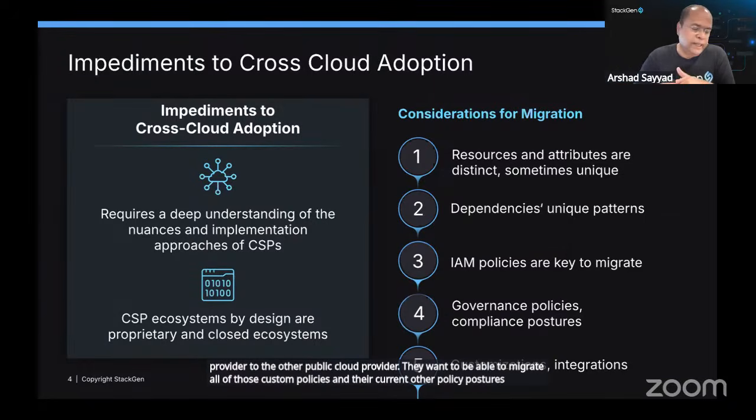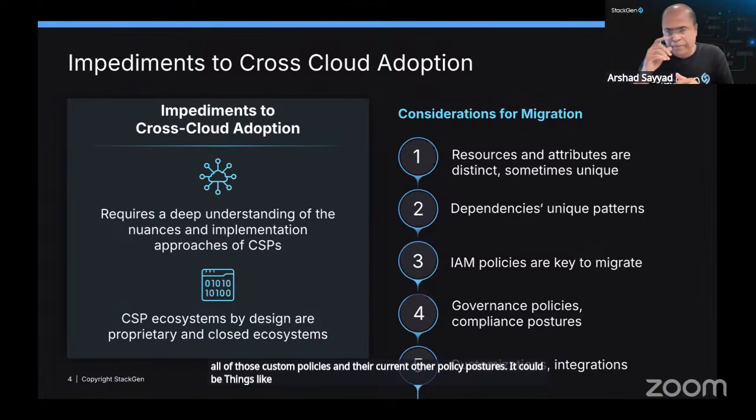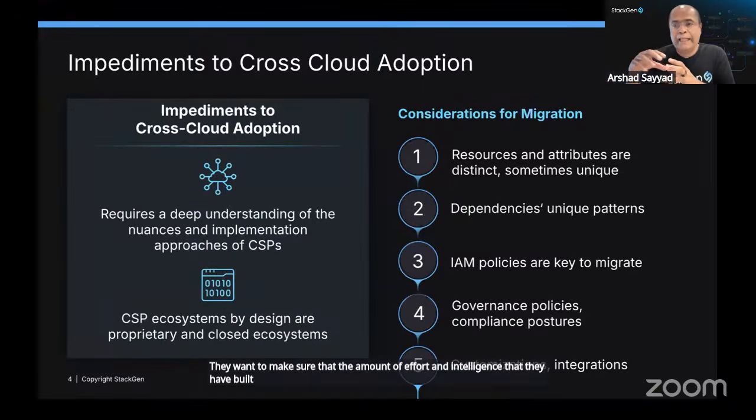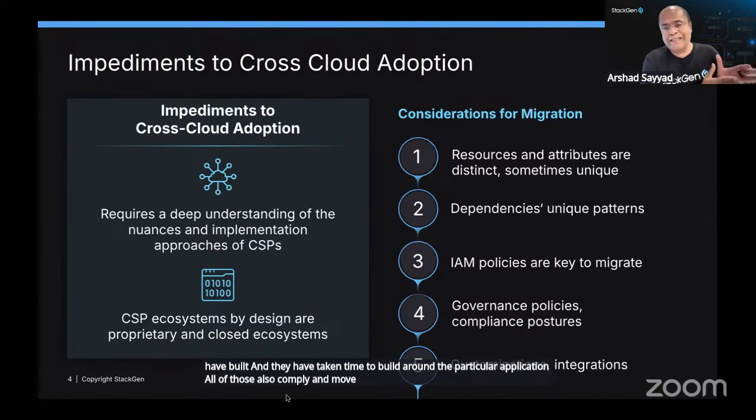It could be things like NIST, it could be PII, it could be PCI, it could be GDPR. They want to make sure that the effort and intelligence that they have taken time to build around the particular application all comply and move, and they are not starting from scratch again.